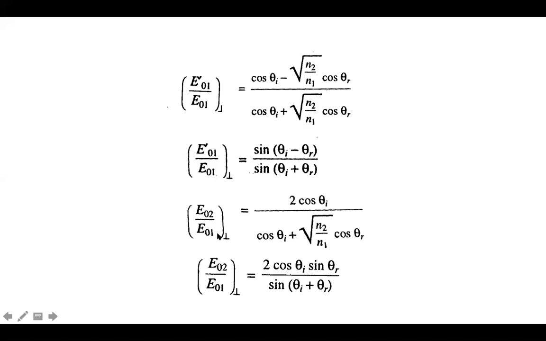So I compare the reflected wave and the refracted wave with respect to the incident wave. If I compare the perpendicular components, I get different expressions with and without the refractive index. These two relate to the reflected wave, and these two relate to the refracted wave. And these four equations, I call Fresnel's equations.